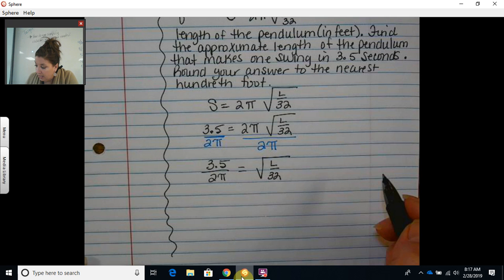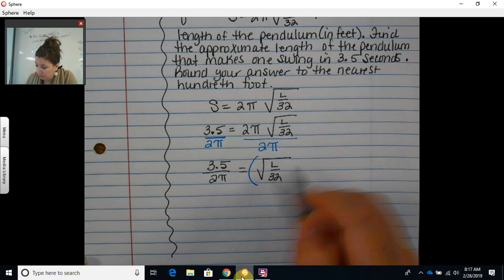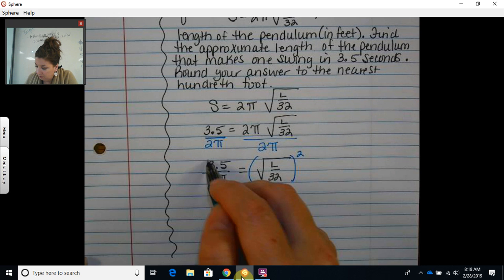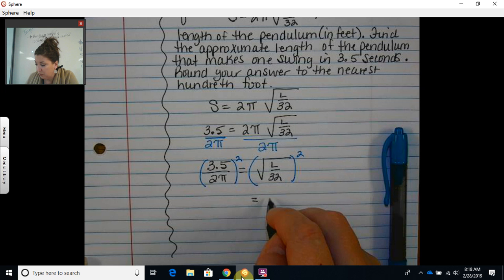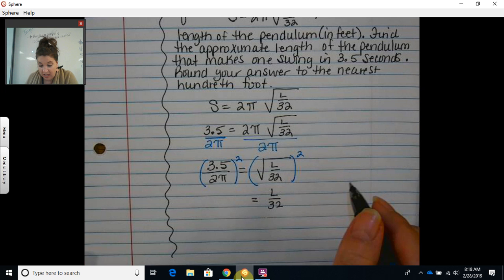Now we can square both sides. So on the right side, that just gets rid of the radicals. We have L divided by 32. On the left side, be careful, you can do this a couple different ways.